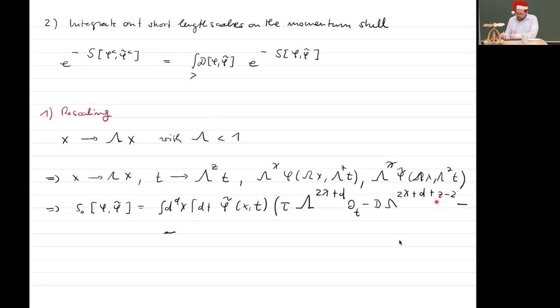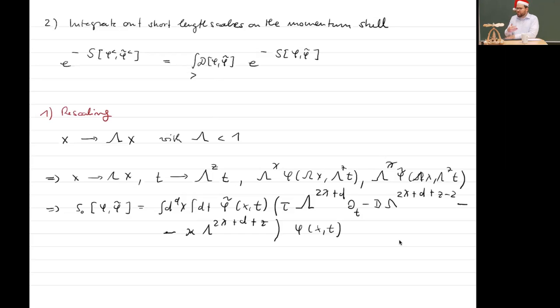This comes from the integral over time. And the minus 2 comes because this was originally a second derivative in space. We had a diffusion term here. So that's how we get this. So minus kappa lambda to the 2 chi plus d plus z, phi of x t. So now we just did the rescaling step. We just zoomed out.